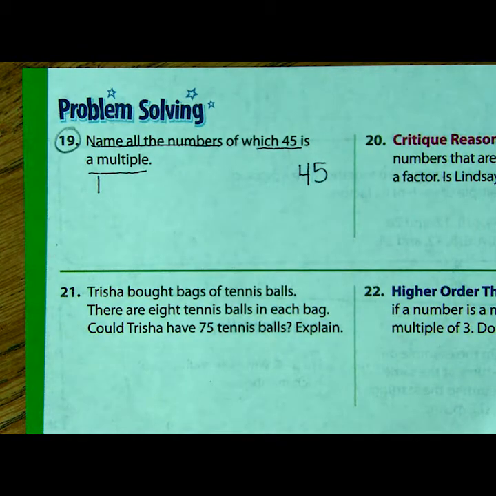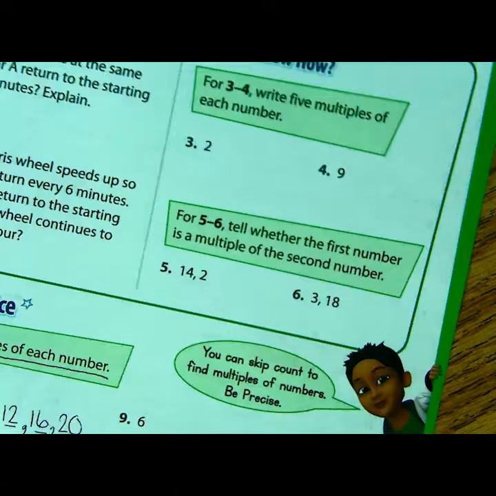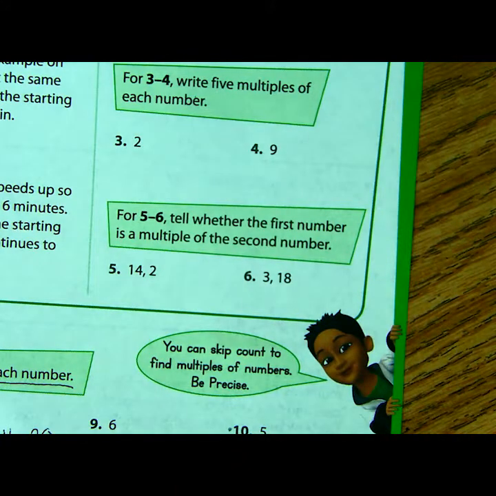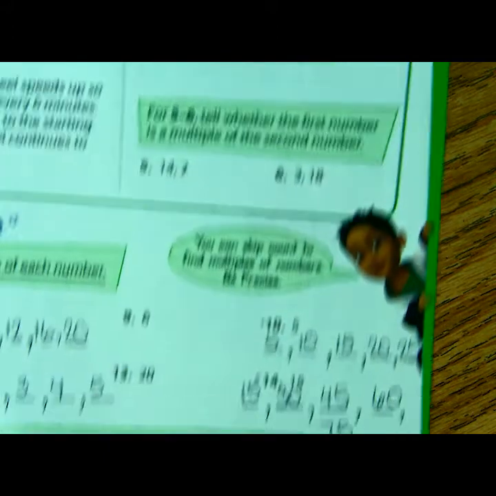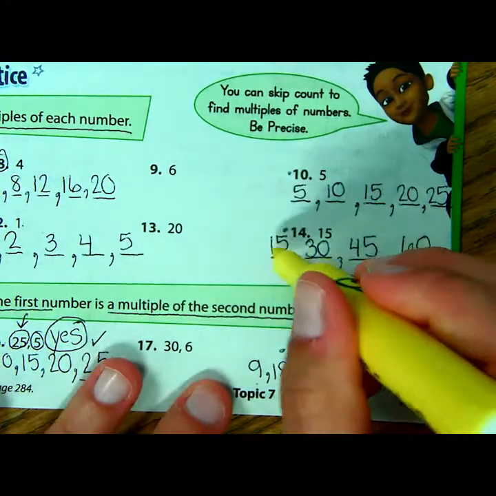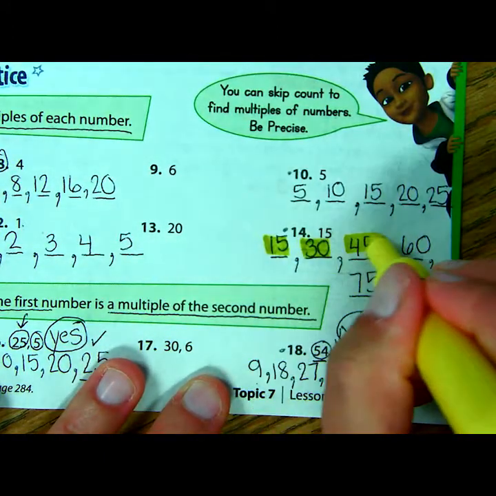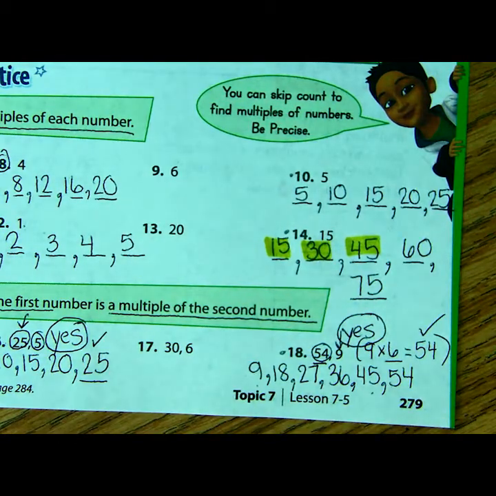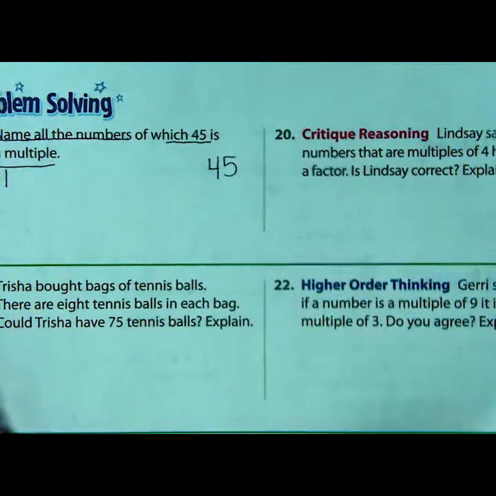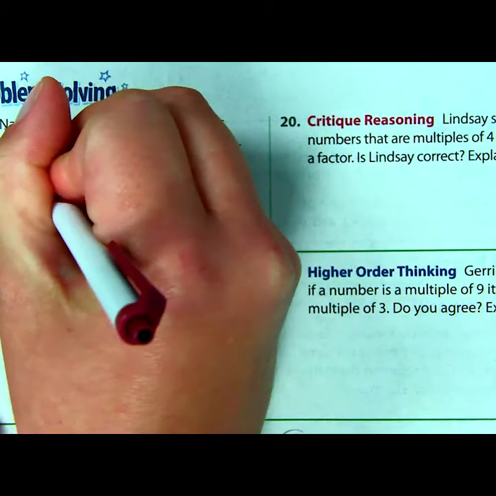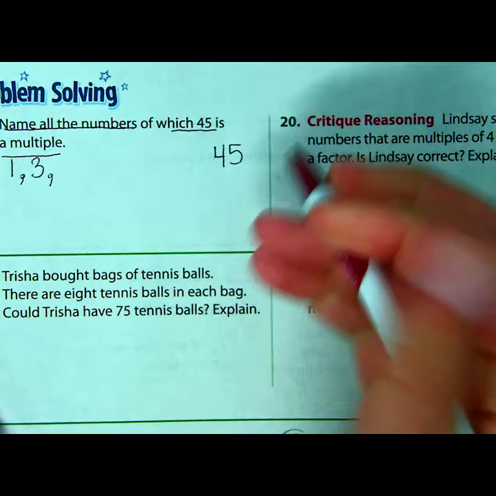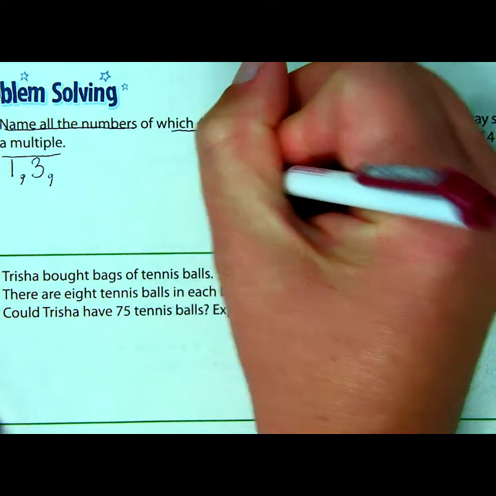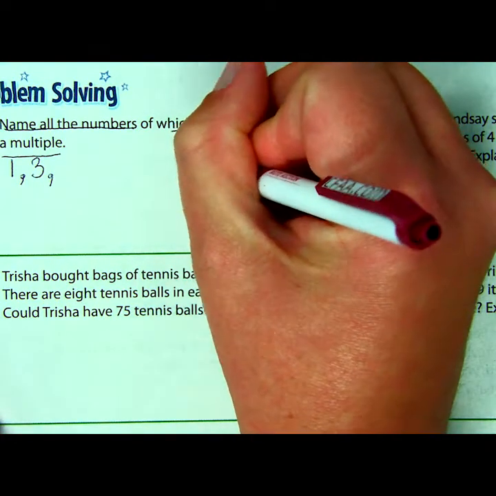Well, I actually remember from the previous page, I don't know if you recall this, when we were skip counting by 15, 1, 2, 3 groups of 15 was equivalent to 45. So now I can go back to this page and I know that if I skip count by 3s, I will eventually arrive at 45, and that is 3 times 15.